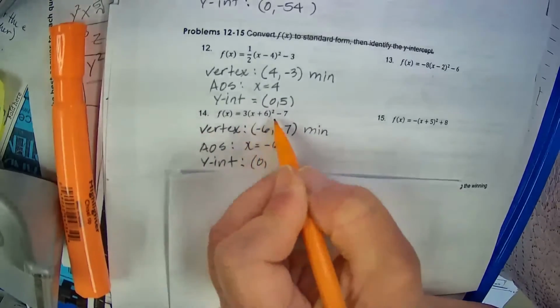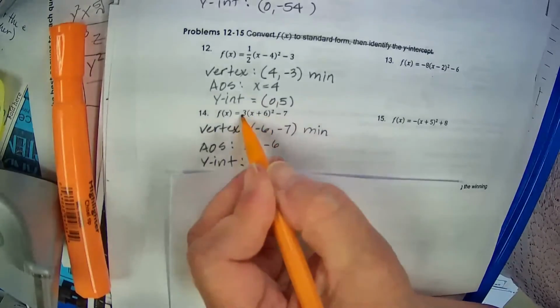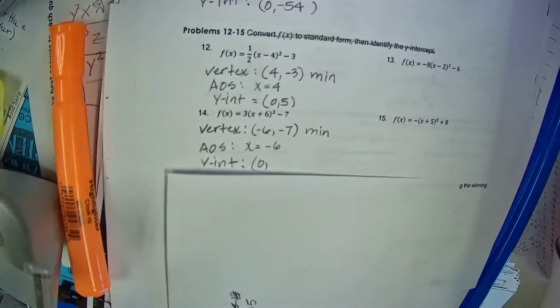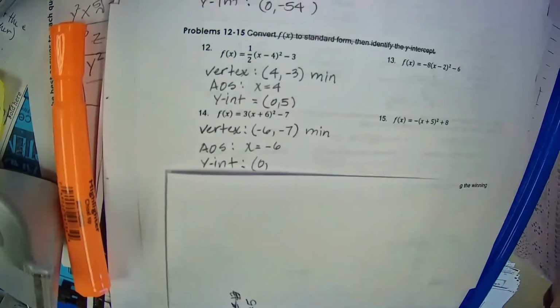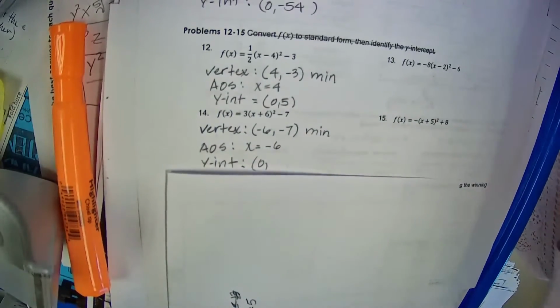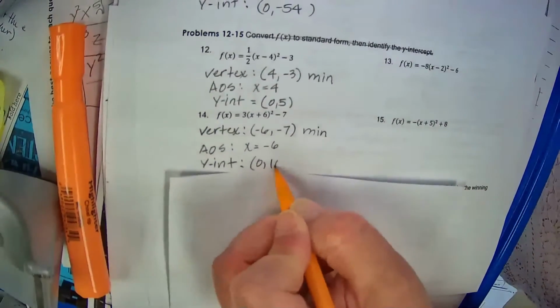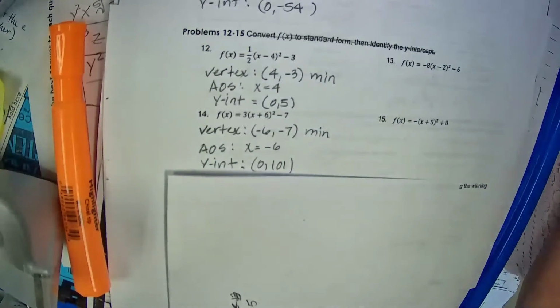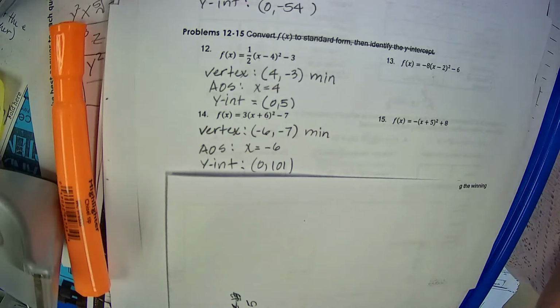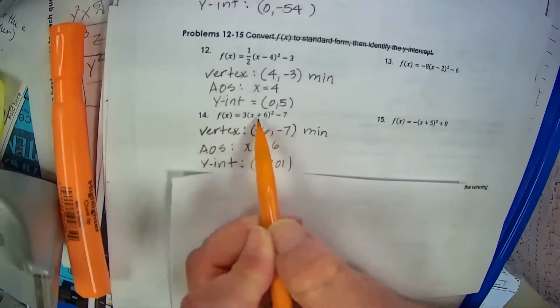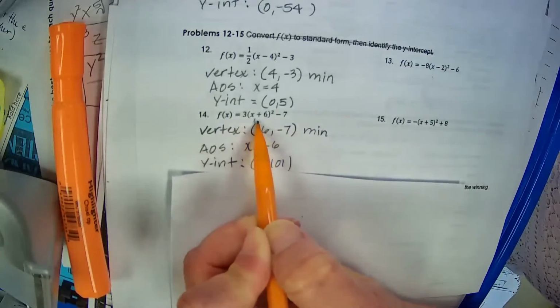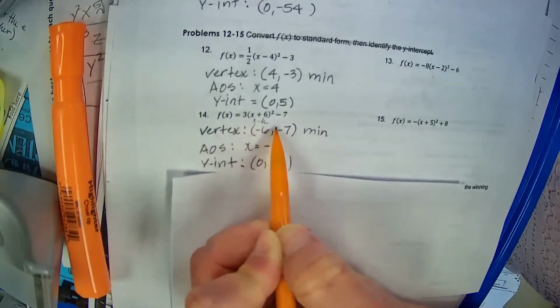I think it's right. And the 0. Wait. Did you get that? Yeah, I got 0 and 1, but I didn't get a negative 6. I got a positive 6. Remember, the formula says x minus h.